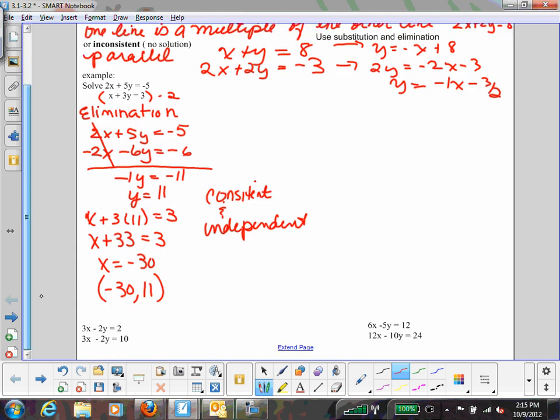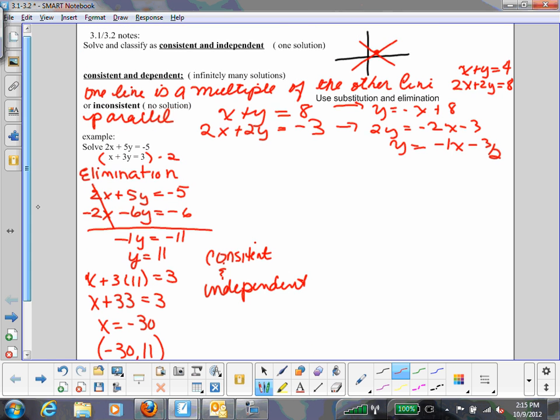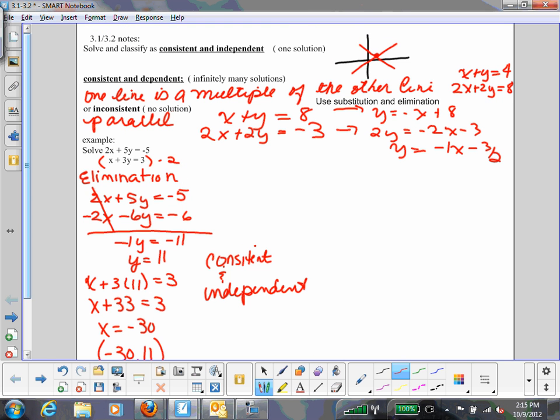And we did. When we solved, we got one solution. We got an x and a y. So therefore, it is consistent and independent. These are two lines that are going to cross and have one common point where they're going to cross. Okay?